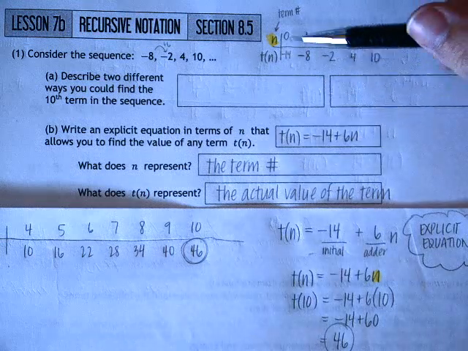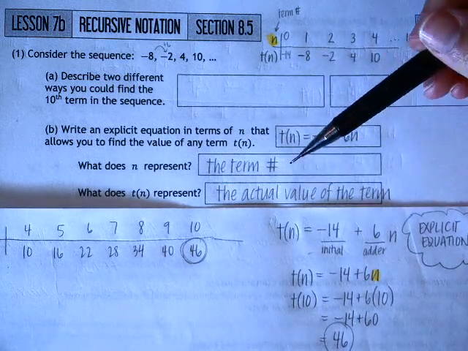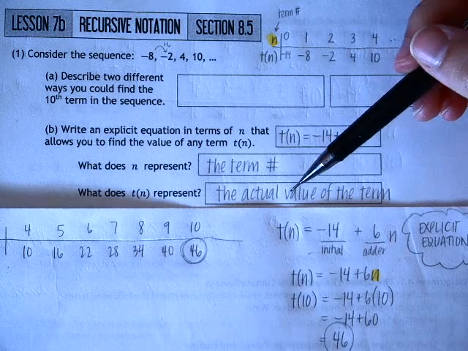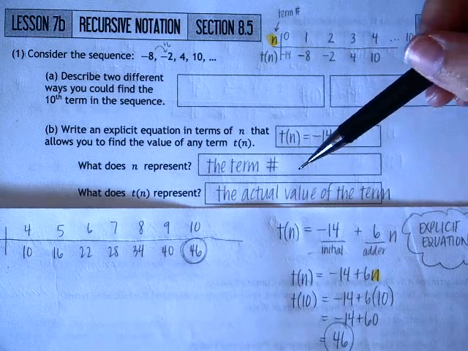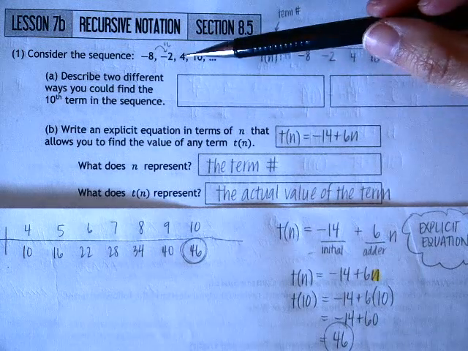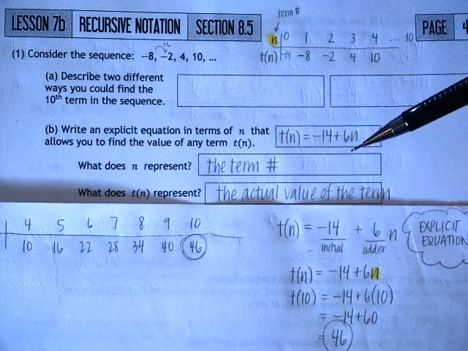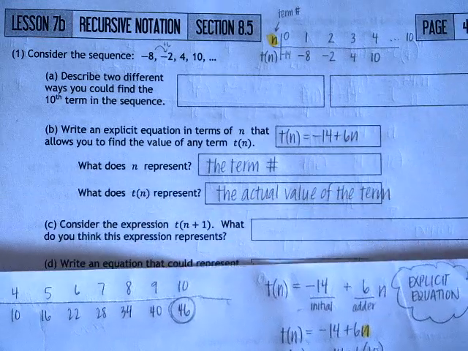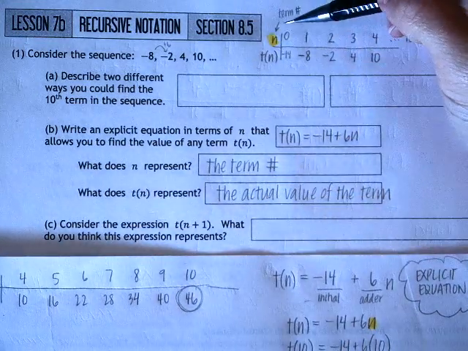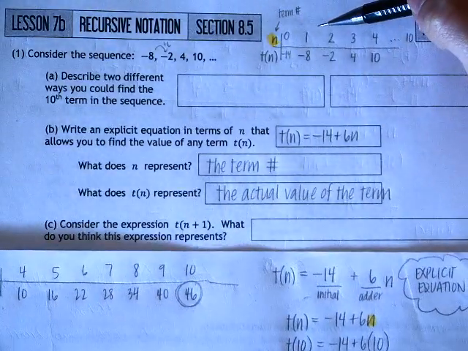N is telling you where you are in the sequence, and T of n is the important part. T of n is the part that tells you the actual number in that spot. So n is telling you which spot you're in, but T of n is telling you what's there.